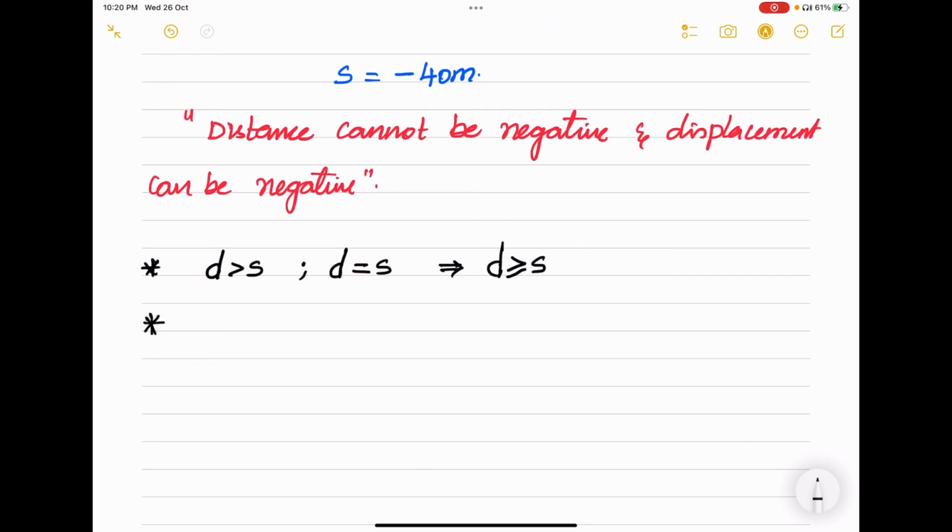Second conclusion, distance can never be equal to 0, but displacement can be equal to 0. And third one, distance cannot be negative, but displacement can be negative. So these are the three characteristics we can assume for distance and displacement, individually or collectively, whenever we discuss any kind of situation in our daily life.